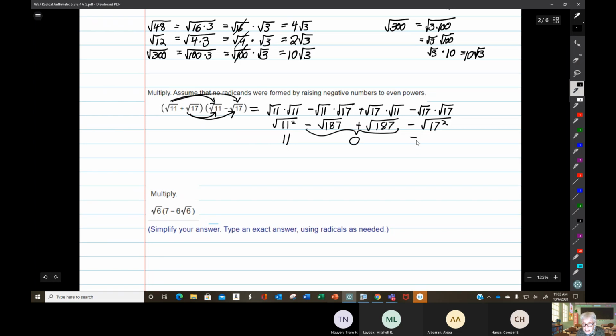And you've got minus the square root of 17 squared. Well, the square root of 17 squared is 17. So you have 11 plus 0 minus 17, which is 11 minus 17, and that equals negative 6. So that horrible looking thing really just equals negative 6.